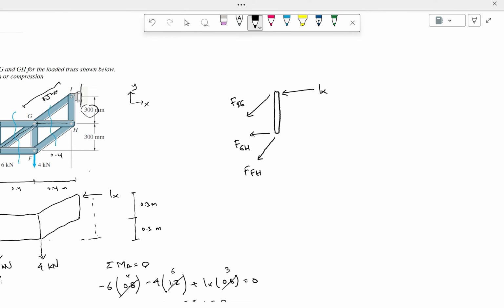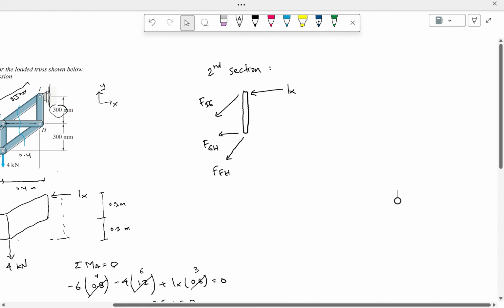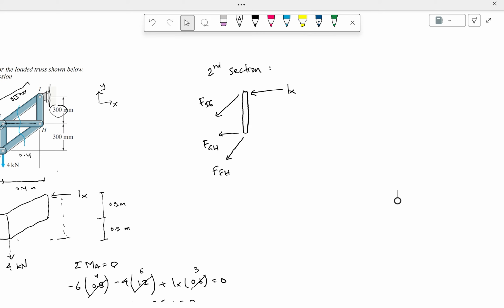So from the second section, we need to apply the same thing, because all of statics is just applying equilibrium equations.